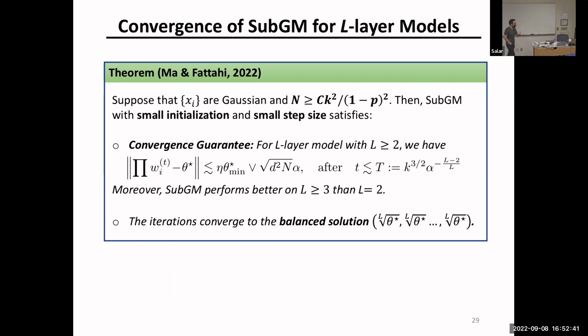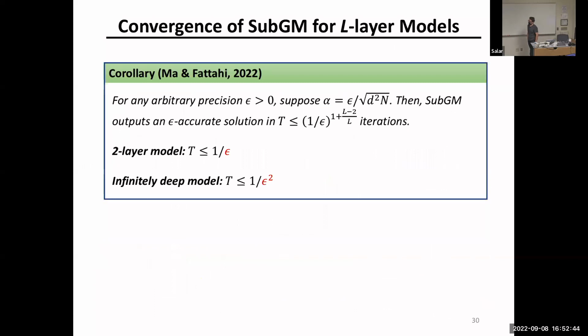But we can convert this into a convergence rate result again. Now, the benefit, I said, is that if you have a deeper model, you get a better final error. But turns out, if you have a deeper model, it will take you longer to train it. So here we actually find a convergence rate for arbitrarily deep linear diagonal neural networks.